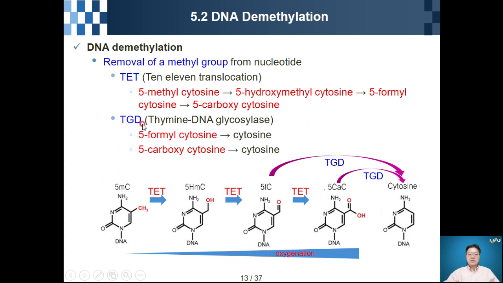And TDG is involved in the final step to make cytosine. They change 5-formyl cytosine or 5-carboxyl cytosine into cytosine. It's like this. So we have to memorize the DNA demethylation procedure.